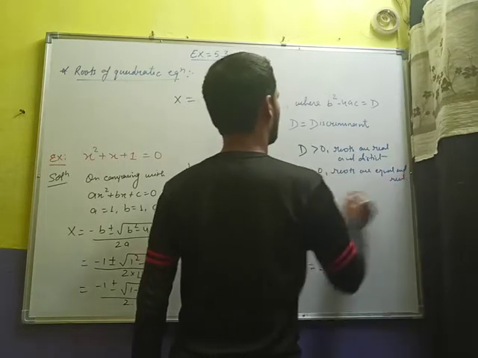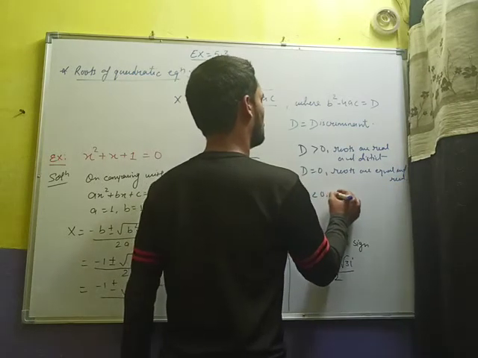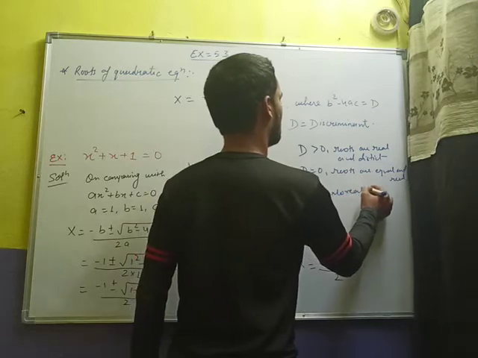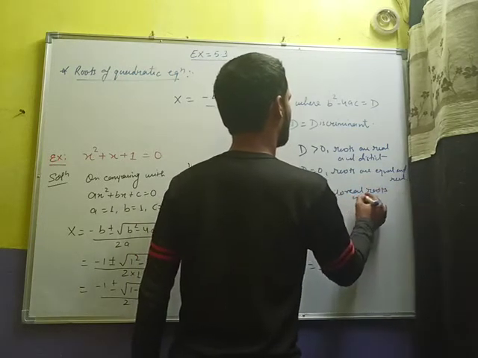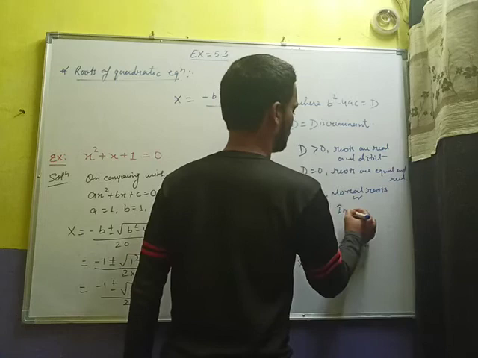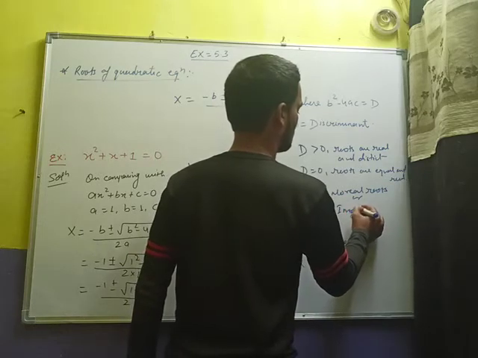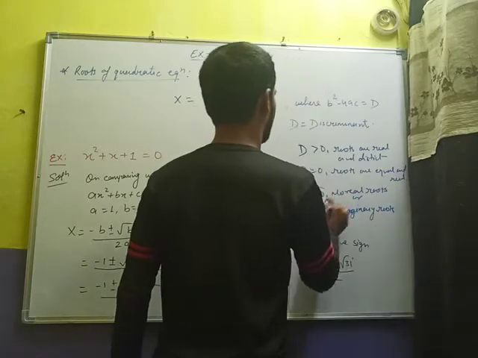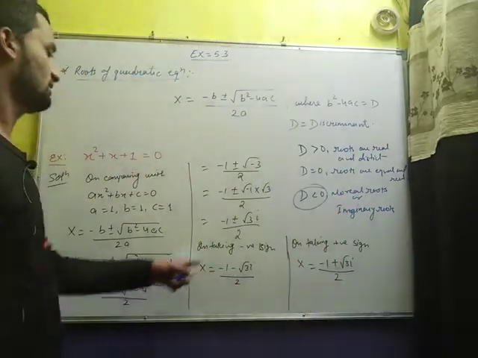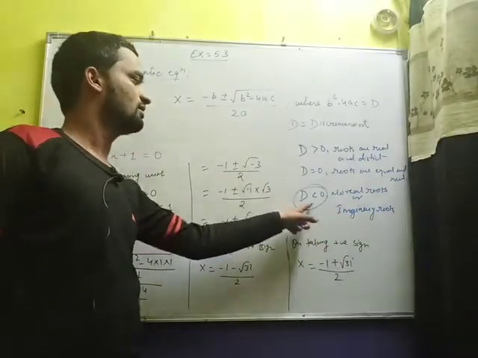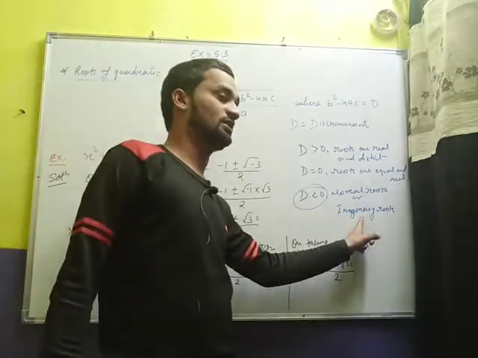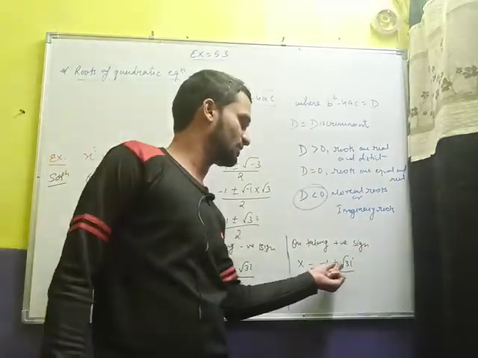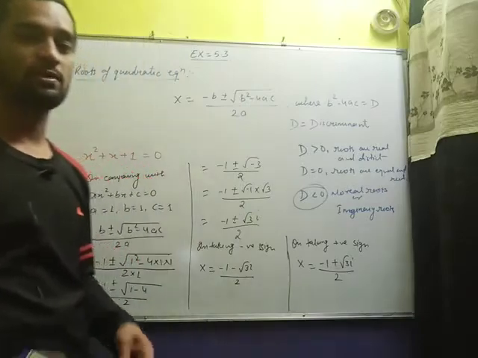And when D is less than 0, no real roots, or you can say imaginary roots. The same thing is applying here. Here you can see D is less than 0, then the roots are imaginary. If iota is present, a plus ib form, that is a complex number.